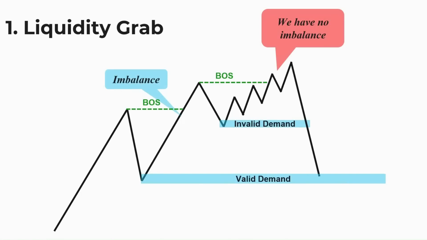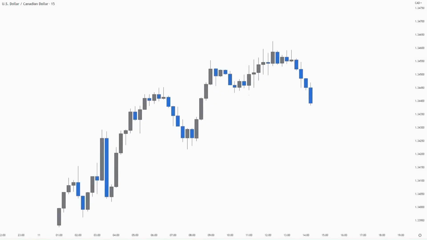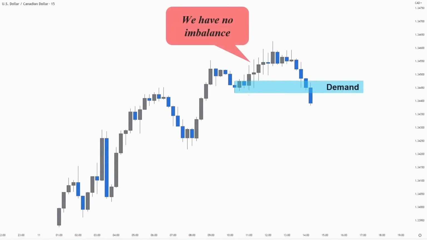Here we have a valid break of structure but no imbalance. But looking on the left, we have a perfect unmitigated demand zone with a break of structure and imbalance. So if the market breaks through this level, we would not take it as a change of character, as instead, we look for buying opportunities in the demand zone.